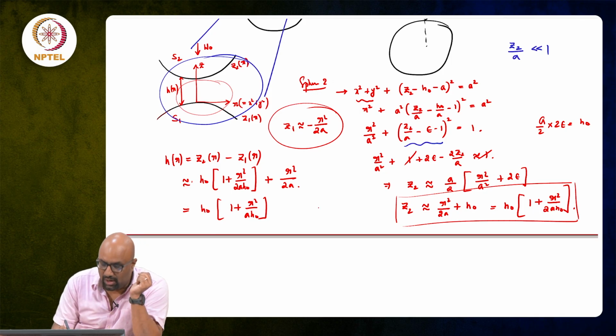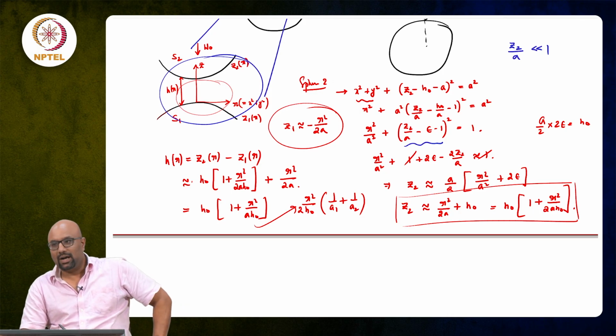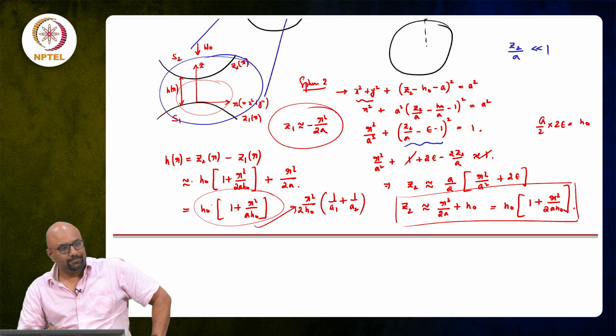If it was not equal, this would have become R square by H naught into 1 by A1 plus 1 by A2, which will become the harmonic mean of the two radii. So, the gap between the two spheres is approximated by this parabola.